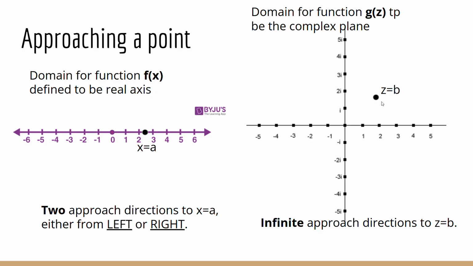But that means that when we evaluate the gradient for our complex function, there's an infinite number of directions of approaching, so we can literally associate infinite gradients, one gradient for each direction. Is it necessary for us to verify that the gradients for all these directions must be the same for our function to be complex differentiable at z equals b?